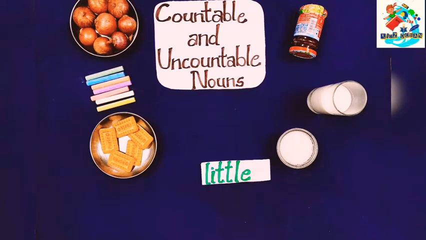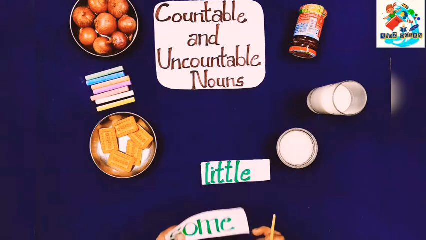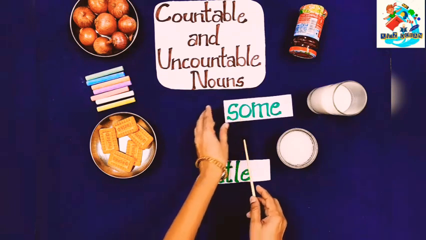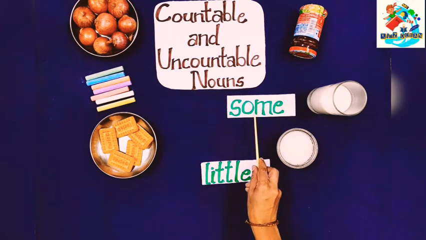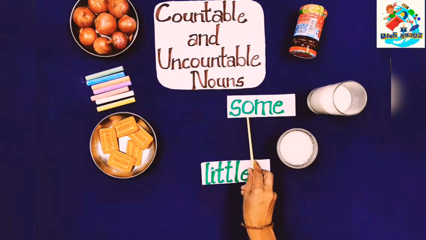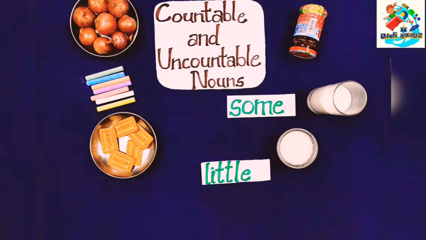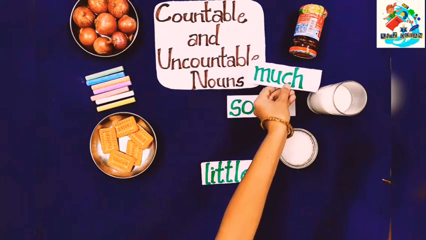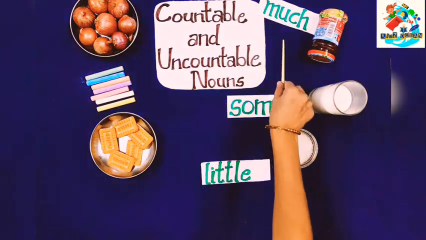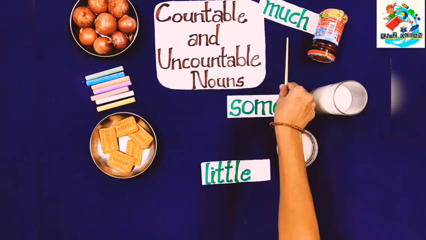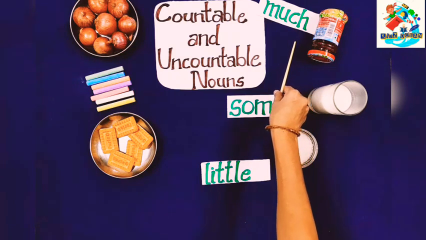In the same way, for milk also, we use words like some or more. For example, Mummy, give me some milk. In the same way, for jam, we use a word like much. For example, how much jam should I spread on your bread?